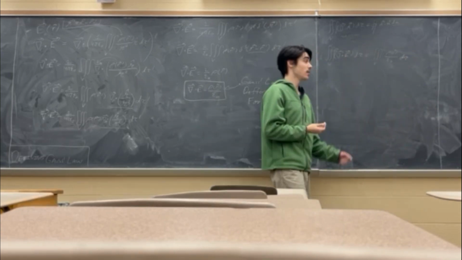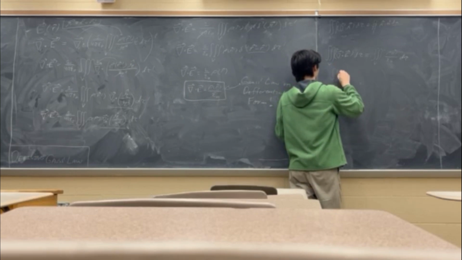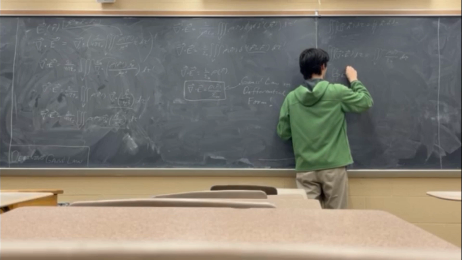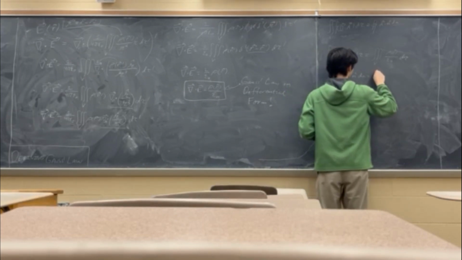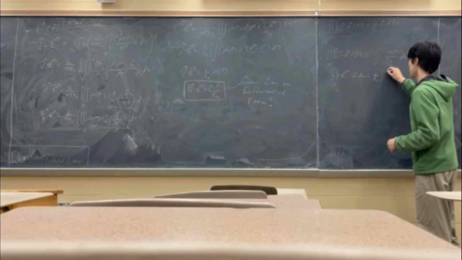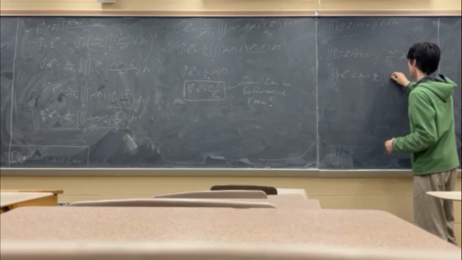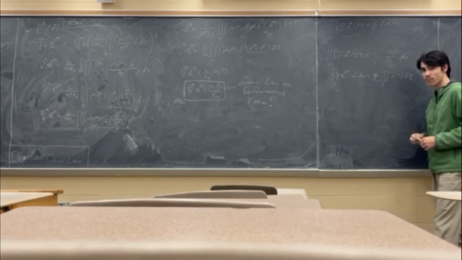Now applying the divergence theorem to this, you see that the volume integral of the divergence of the electric field is going to be equal to the surface integral of just the electric field dotted with n hat dA, which is equal to 1 over epsilon naught times the volume integral of rho of r d tau.